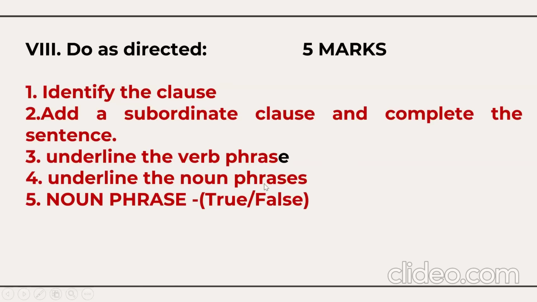Then next question you have to find out the noun phrase. Then a sentence will be given. You need to find out whether it's a noun phrase or the verb phrase, or true false. So like this 5 marks questions will be given. I had done videos on clause, subordinate clause and dependent clause. You can watch my video.